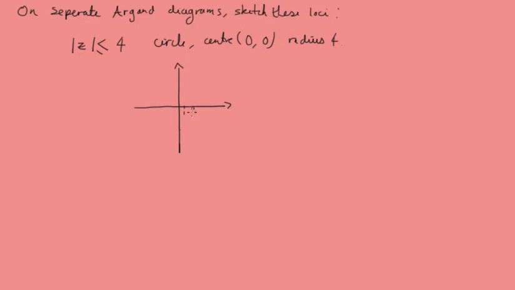So we've got 1, 2, 3, 4, minus 1, minus 2, minus 3, minus 4 on each axis. So this time we do a solid line because it includes the circumference, and we also shade in the centre because it's also all points within the circle.